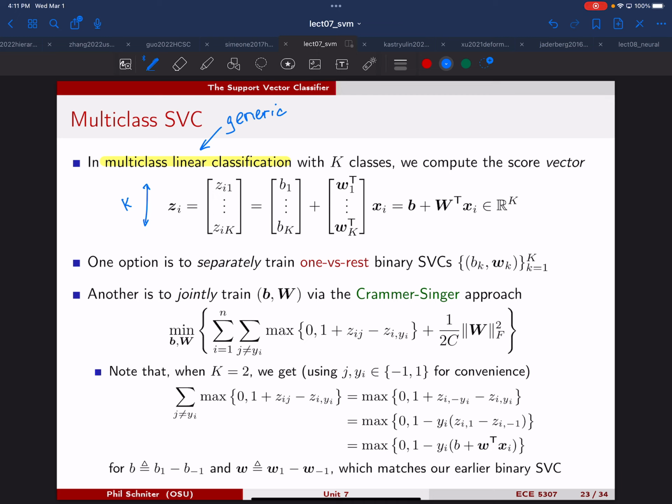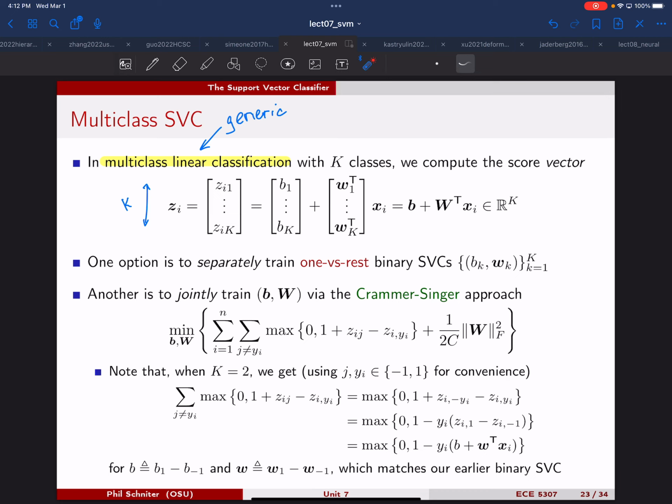When we look at that score vector, let's say for a given training sample i, the index of the largest value in it tells us which class we believe that sample is in. So the different values give us confidences on how likely it is for that sample to be in each of the classes.